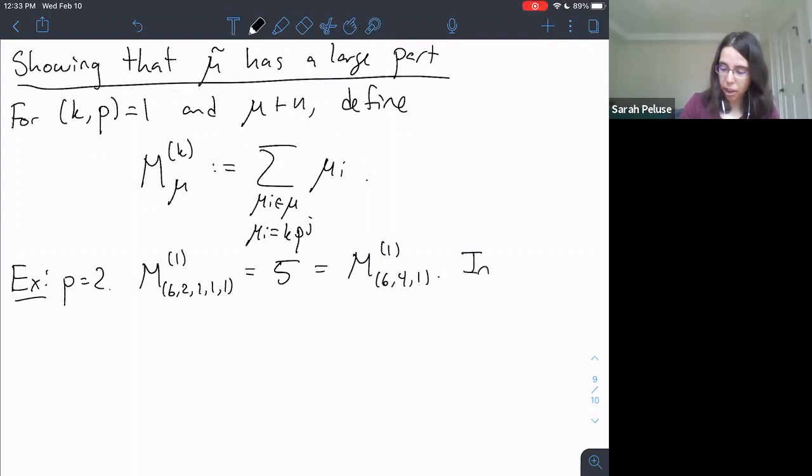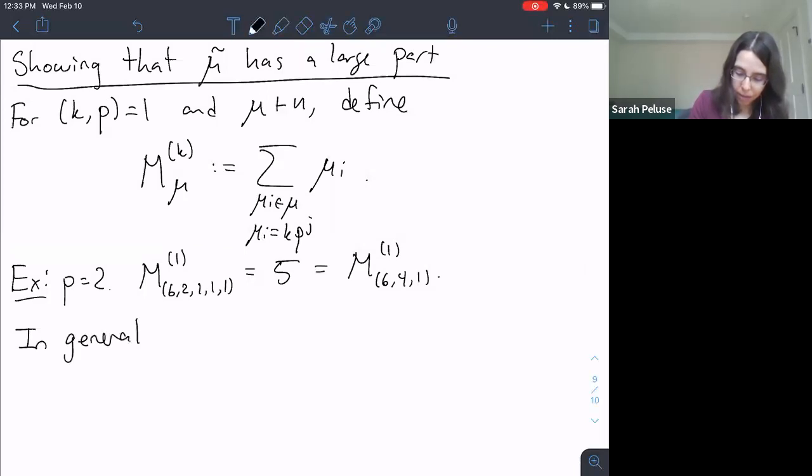And it's not hard to see that in general, the statistic is the same for mu and mu tilde.